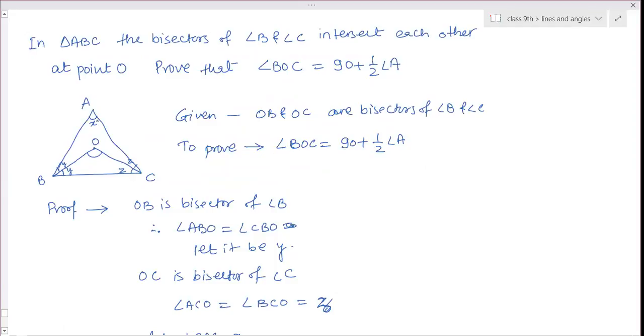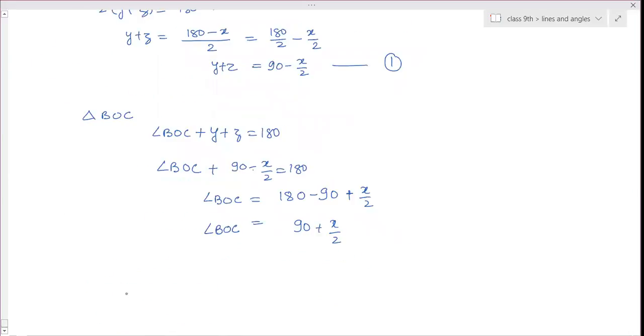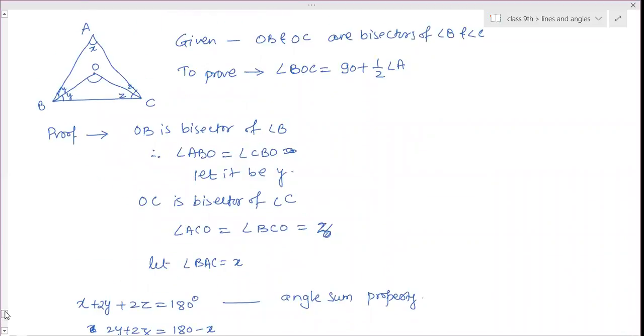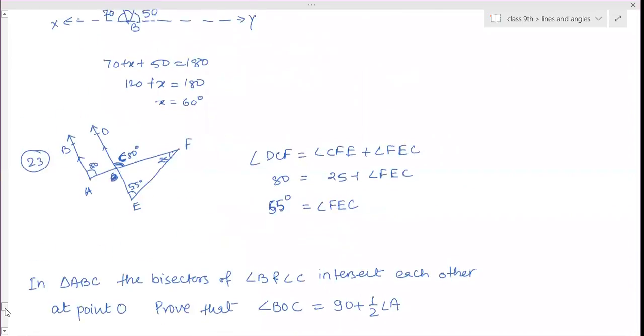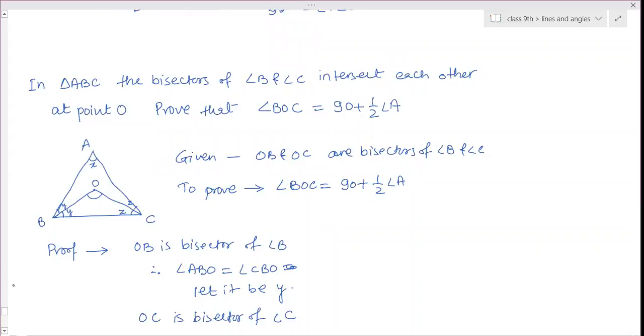X as angle A. So angle BOC is equal to 90 plus 1 by 2 angle A. Clear? Yes, ma'am. So write down the question. This is the question.